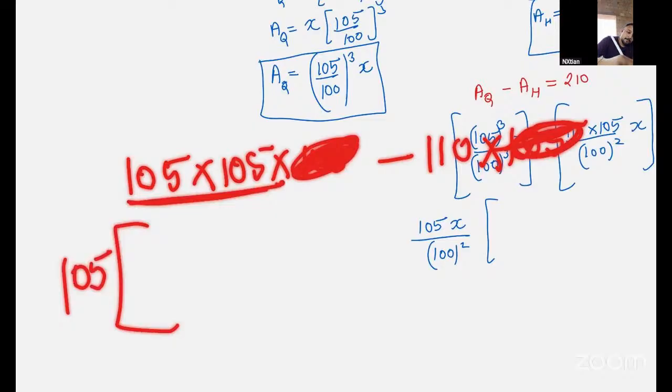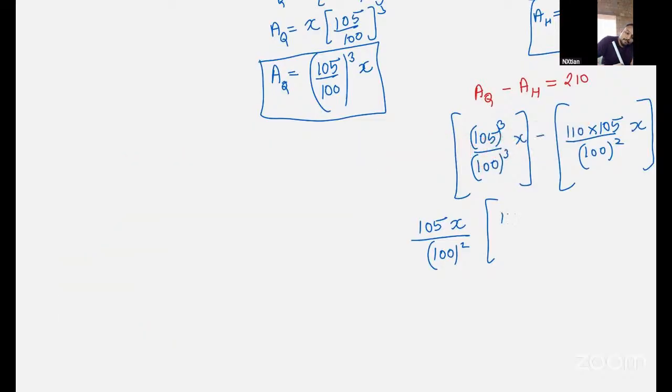It will be 105 square, because 105 into 105 is 105 square. Did you understand how I make out common? And in the denominator, tell me.